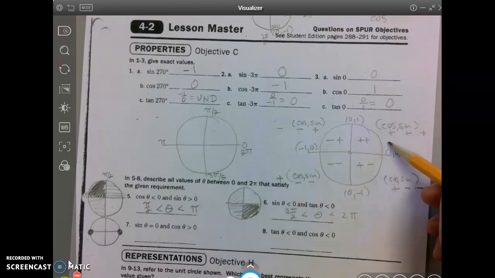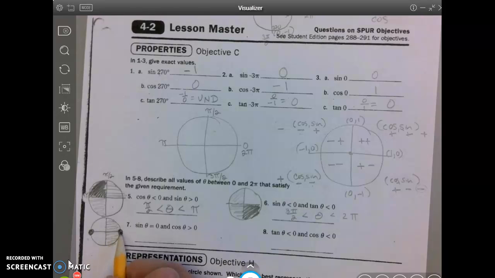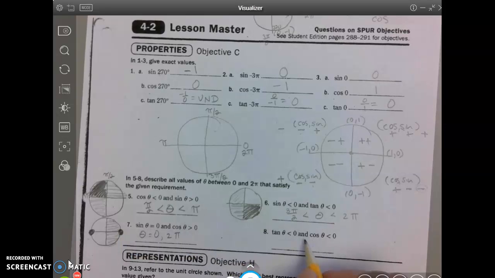Cosine is positive here and here on the right side. So the overlap is just here on the right side, just where this dot is, and that's where theta equals either 0 or 2 pi, because right here on the right side of the circle, theta has 2 names.